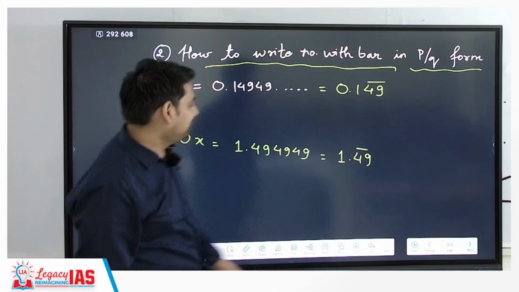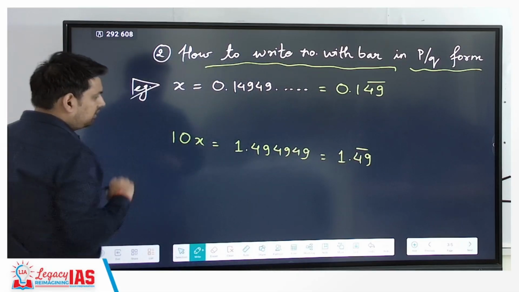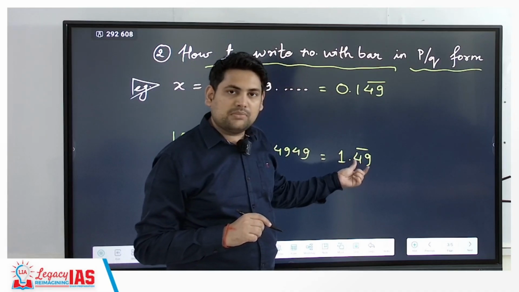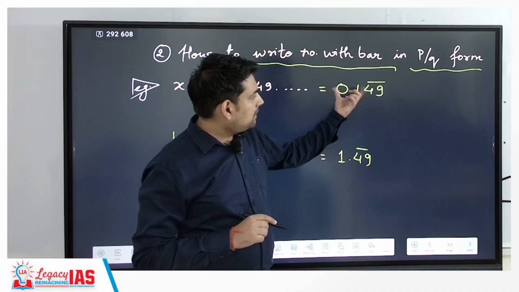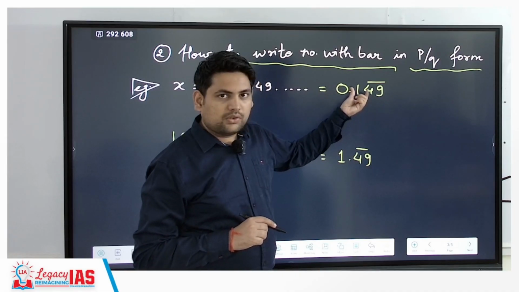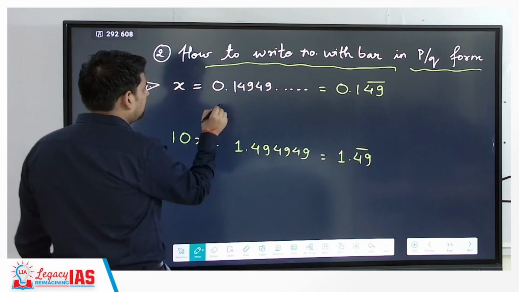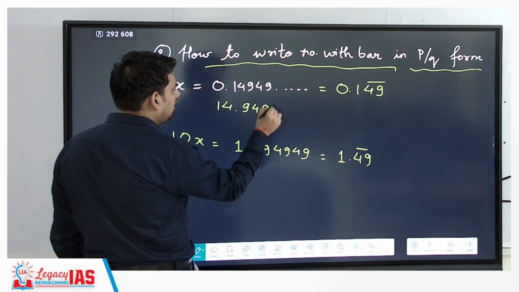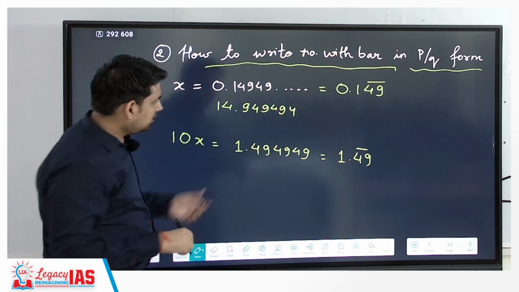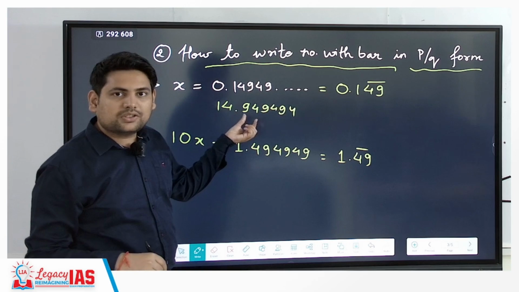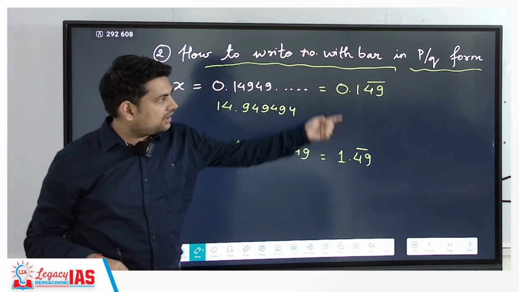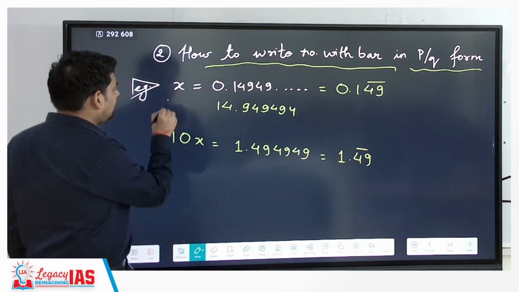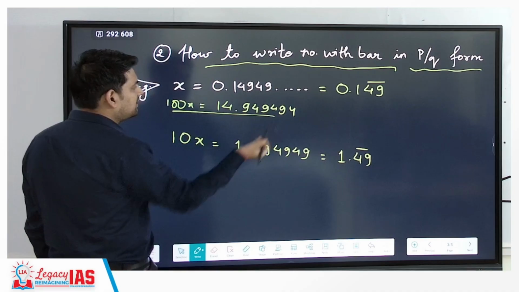Simple. Okay. Then see, now again, what I want is that there should only be numbers with bar here. Now if I multiply this with, let's say, 100, what will I get? I'll get something like 14.949494. Now this is not becoming 49 like we have in the question as well as here. So this we can't have. That is why we are not taking 100x equals this.